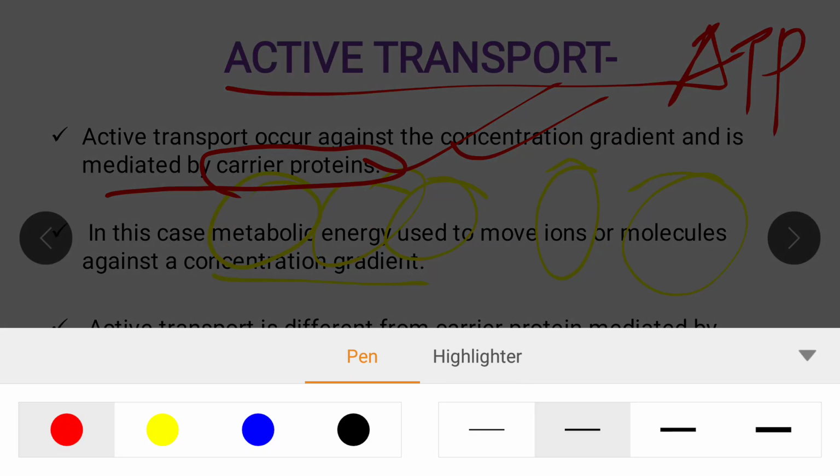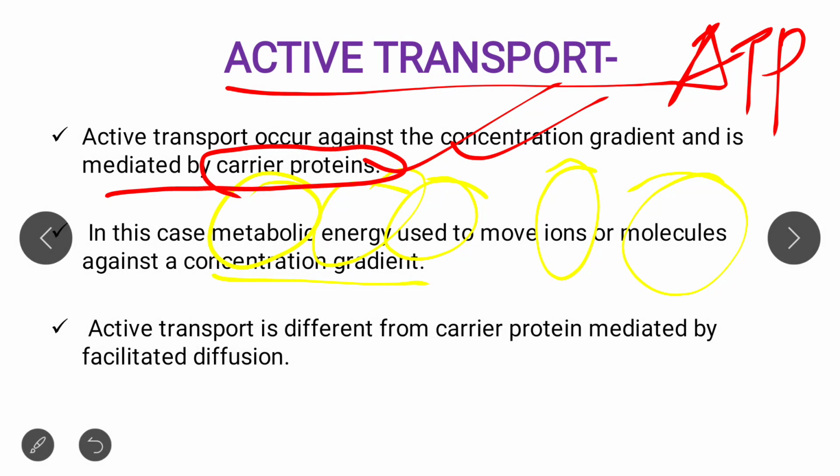But in passive transport, as I already mentioned in the previous lecture, in case of facilitated diffusion the carrier proteins are used, but in that case it does not require ATP. In case of active transport, the carrier proteins require ATP.